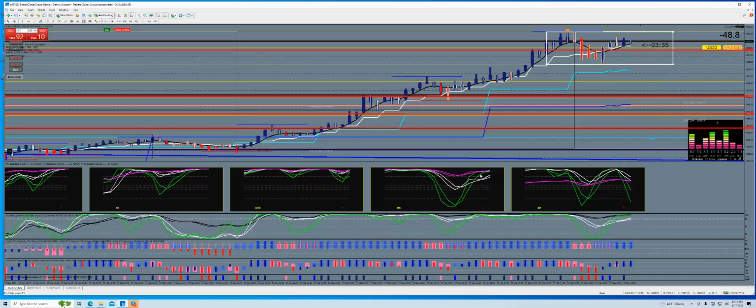The market's getting strong again to the upside. Yeah, the 15-minute crossed over. And the 1 minute is trying to cycle back up.